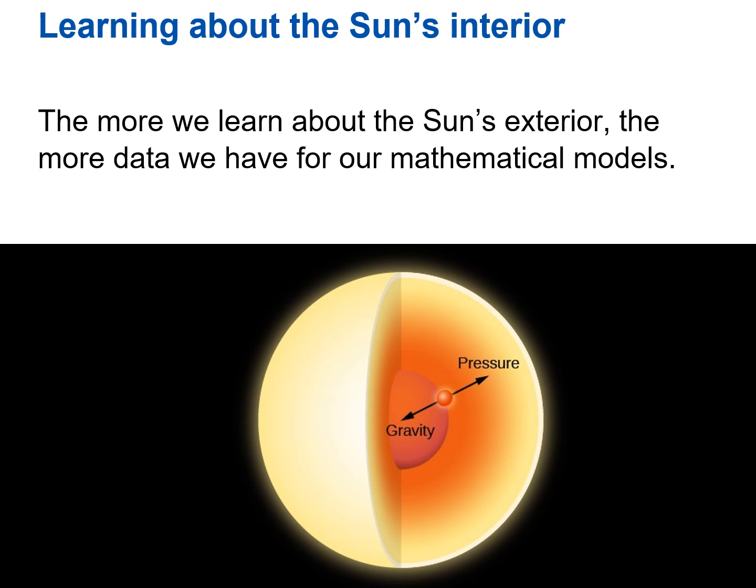We can see what's going on the surface. We understand the temperature, the pressure, the fluid dynamics going on, the electromagnetism, and we have known laws of physics. And so we can use computer models, or we call them mathematical models, to come up with what exactly is going on at the center of the sun that would cause what we see on the exterior.